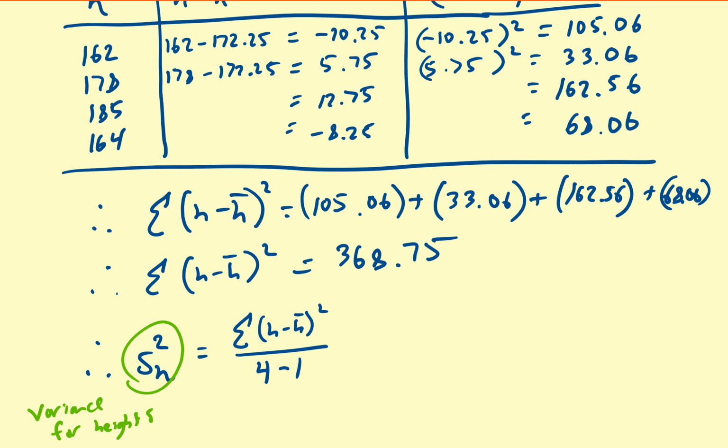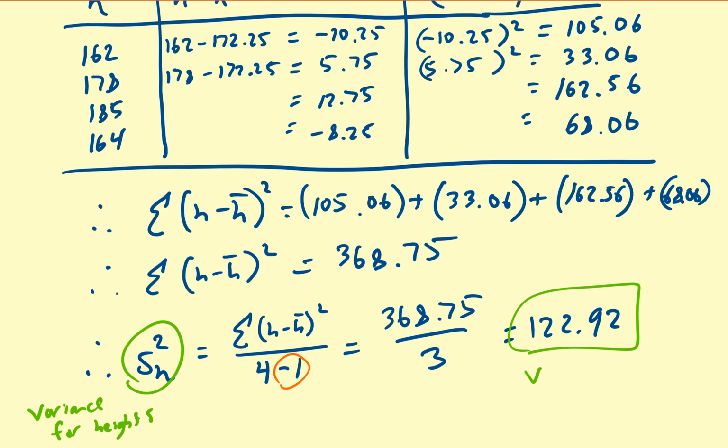And remember, we need to subtract by 1 because this is a sample. So therefore, this is going to be equal to 368.75 divided by 3. So the variance is going to come out to 122.92. So this is going to be the variance for our heights.